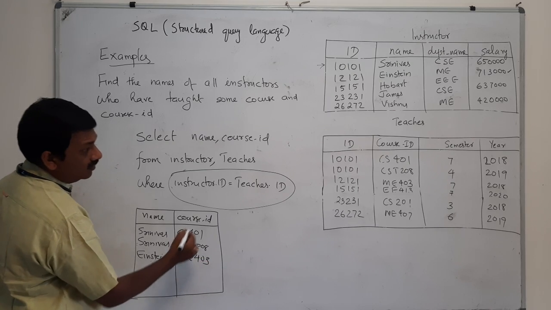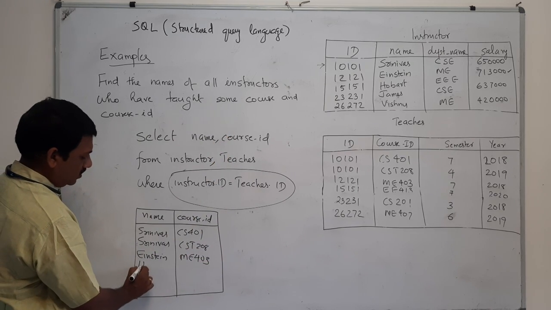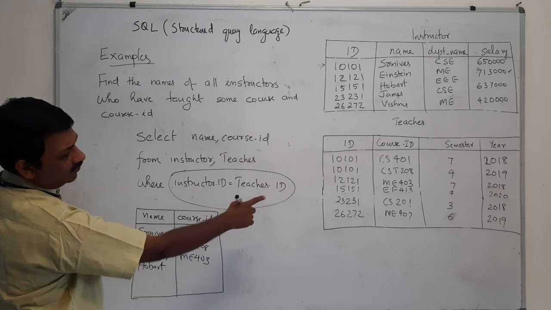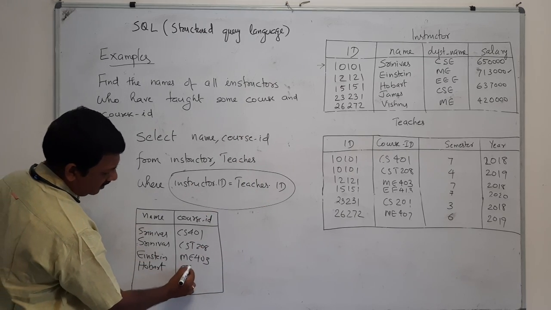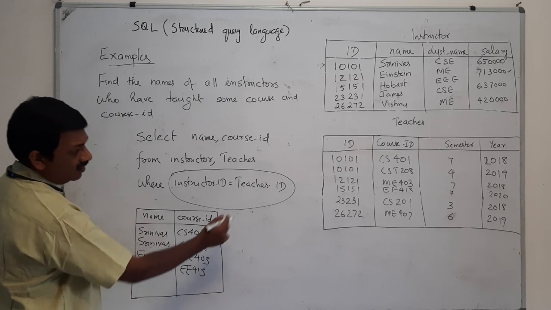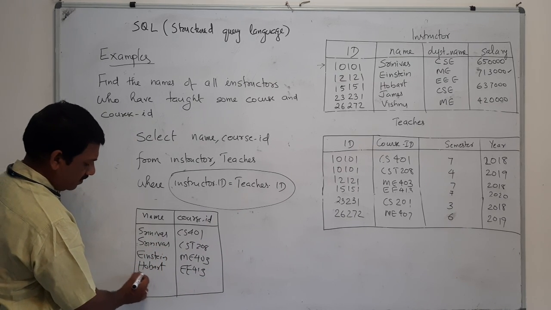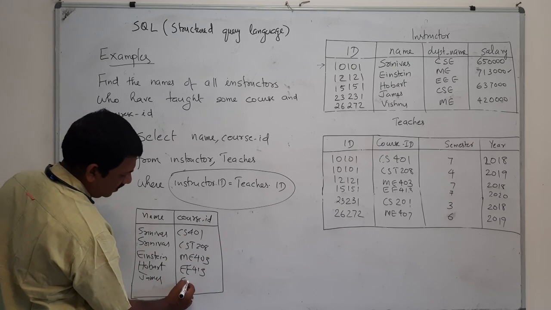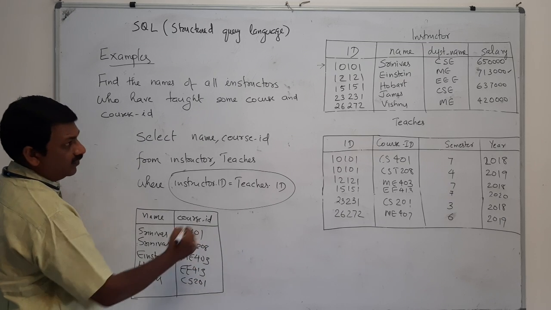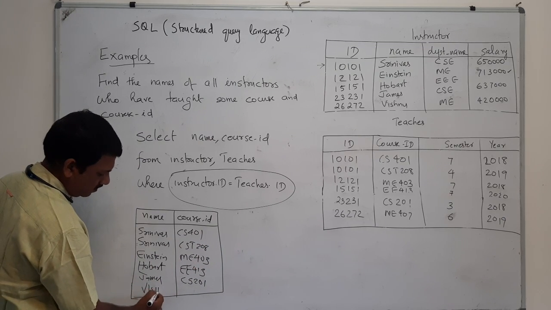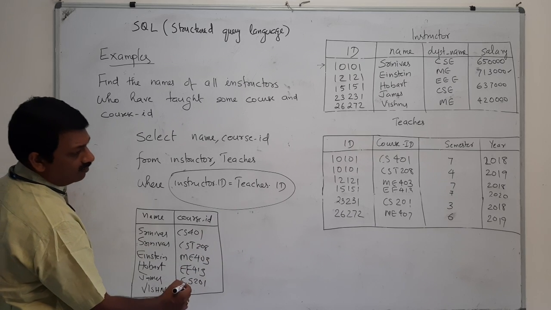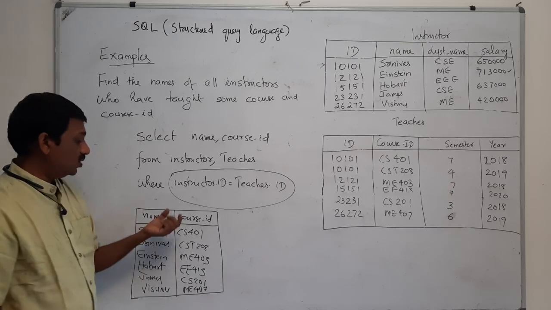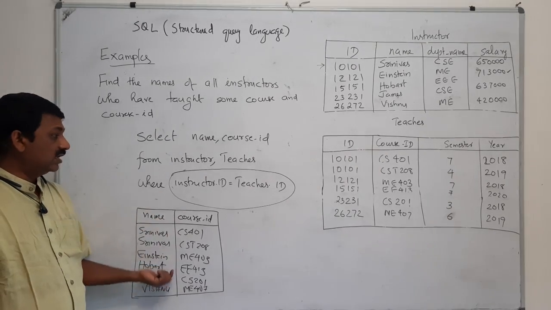Then Hobart, who teaches EE 413. Next is James, CS 201. And finally Vishnu, ME 407. So this is the relation, or the table, returned by this query.